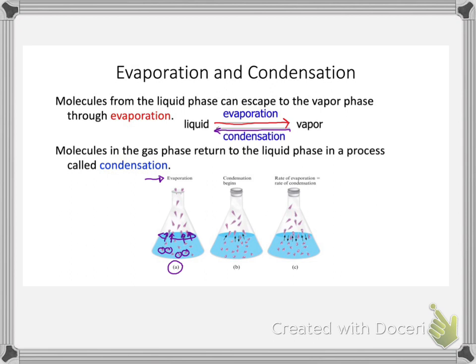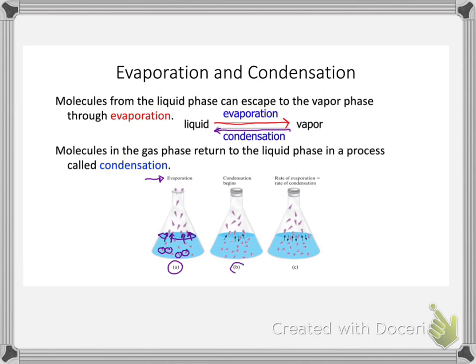All of these little water molecules could be moving around and they could have energy, but they aren't evaporating because they're kind of trapped by the other water molecules. So evaporation is a layer by layer process. The top layer is the one that's able to escape into the vapor phase.